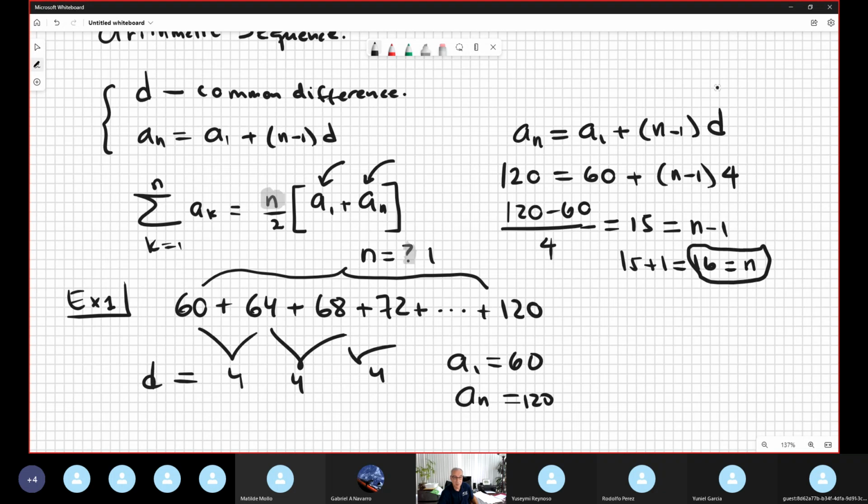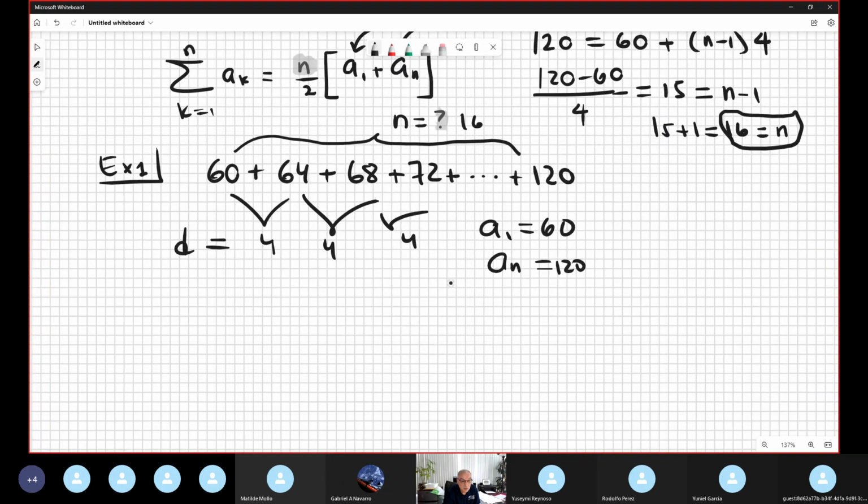And therefore, instead of doing the stupid thing, here in the calculator 60 plus 64 plus 68 plus 72, enter, done. Where the next? The next is 76. No, you plug it in the formula. The formula says the summation of this sequence from 1 to 16, because I discovered we have 16 elements, is 16 as n, look at that formula, divided by 2, bracket, 60 plus 120.